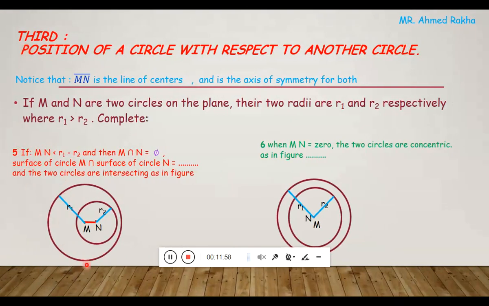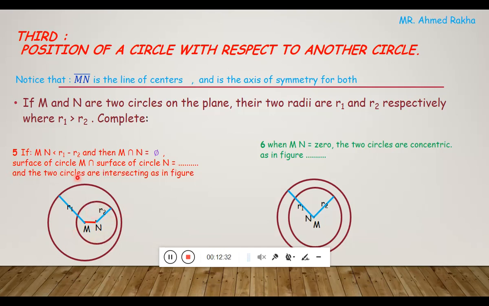In this slide we can see that the circle N becomes inside the circle M. In this situation, the length of MN is less than the difference between the two radii. MN is less than R1 minus R2, and then M intersect N equals phi, and the surface of the circle M intersects the surface of the circle N equals the circle N itself.